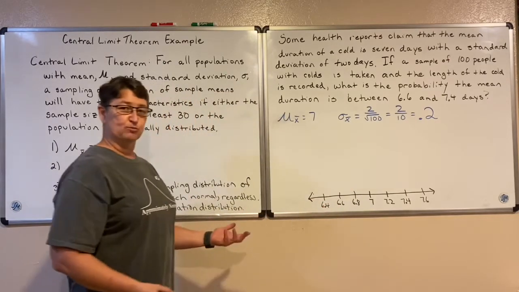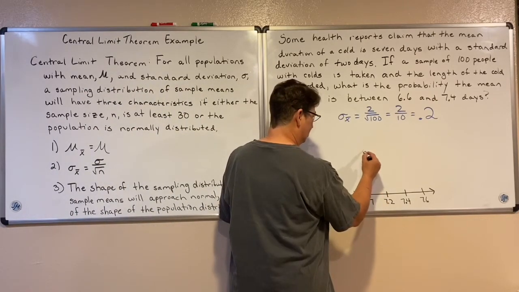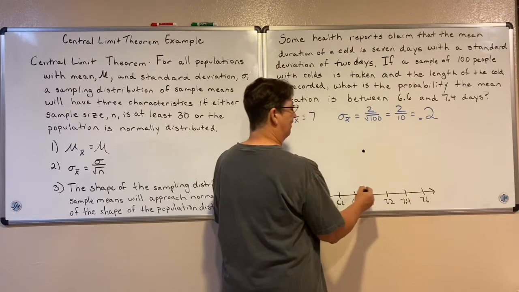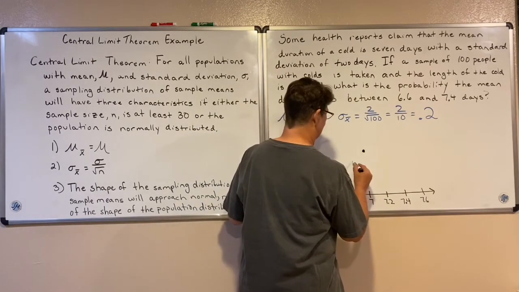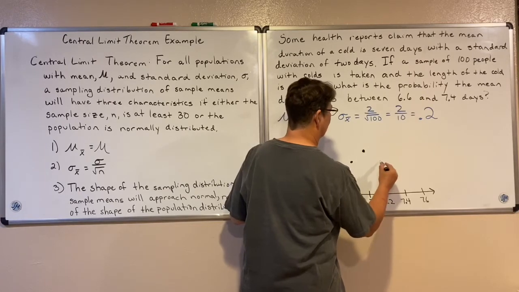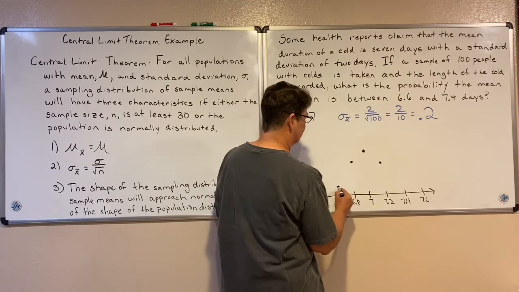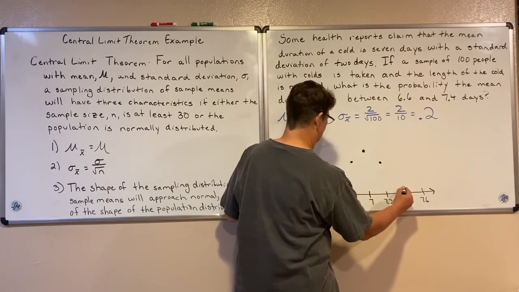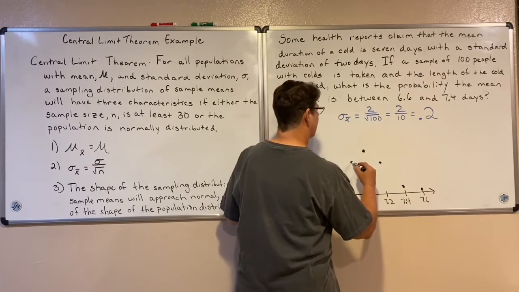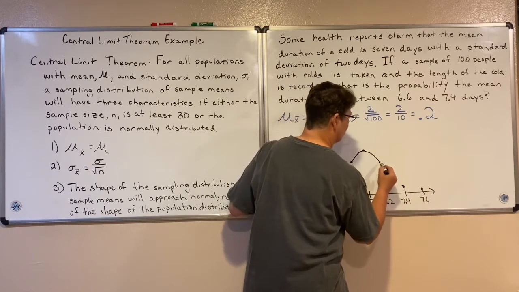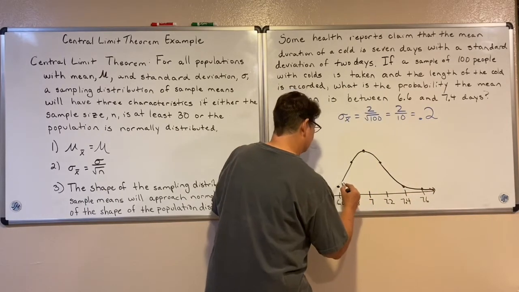So this distribution of sample means we know is approximately normal. So we know its peak will be here at the mean, and the median and mode will be about the same. And we know that at each one of those standard deviations we have an inflection point, and it's symmetric. So both sides of our distribution should be approximately the same. We should be able to fold it. So I'm going to draw my bell-shaped curve here to show that normal distribution.